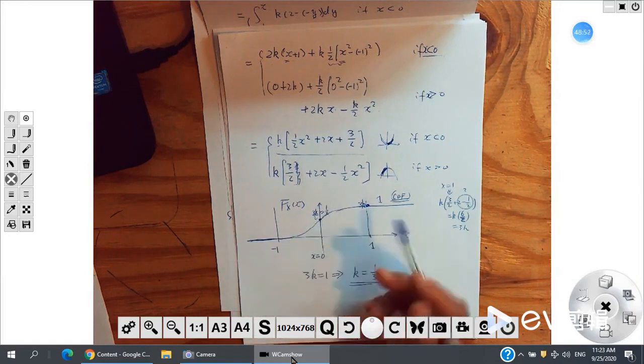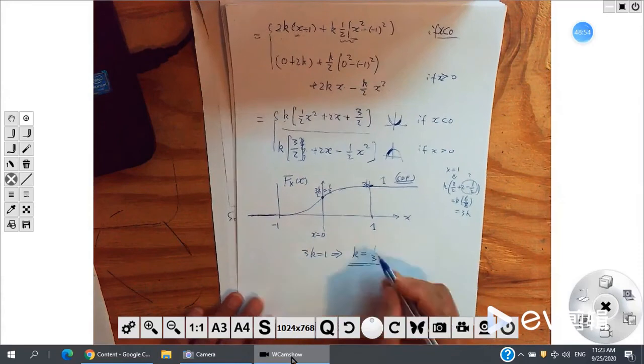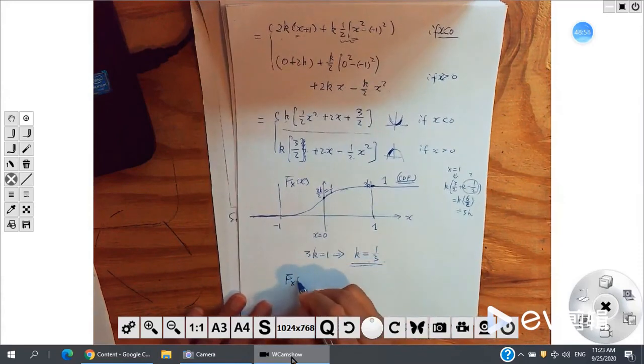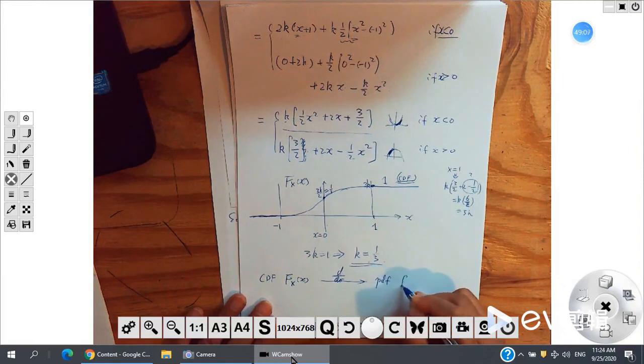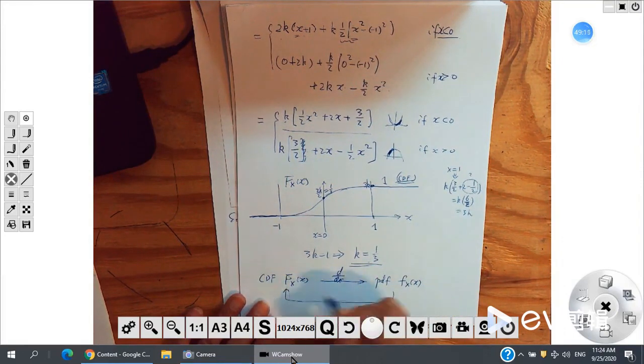The CDF, we do derivative, we have PDF, and then we go back with the integral. We go back, we can have fx.